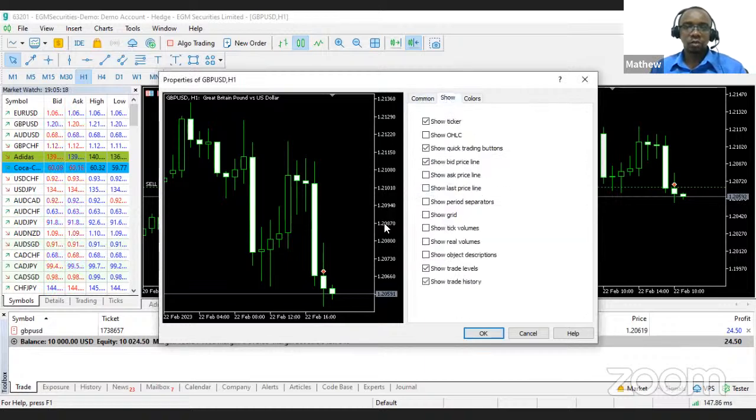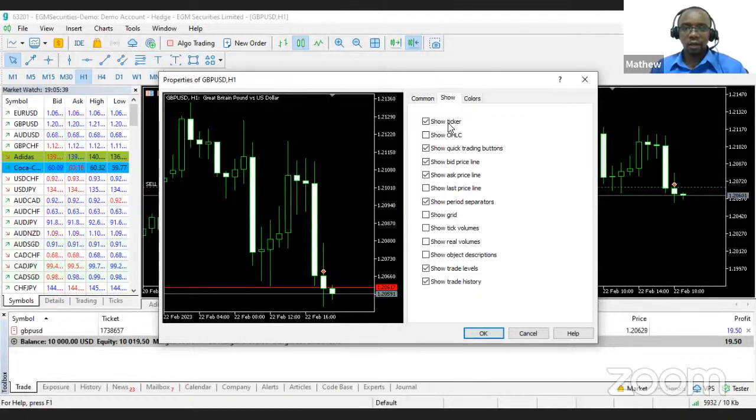Let's go to show. I really want to look at the ask price because we can only see the bid price. So you add ask price there, and then period separators. Basically, you want to know where you are: yesterday, today, the previous day. This is what you call the period separators.